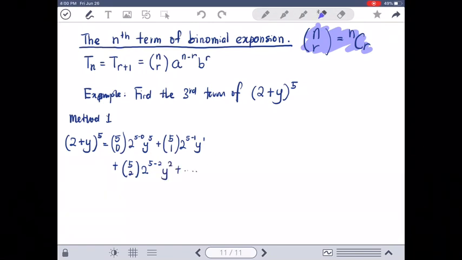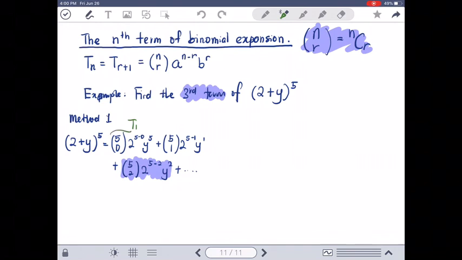So since the question wants us to find the third term, therefore we only need to find the third term, which is this one. Because we know that this is the first term, this is the second term, and obviously this is the third term. You don't have to expand because you can stop at the third term.